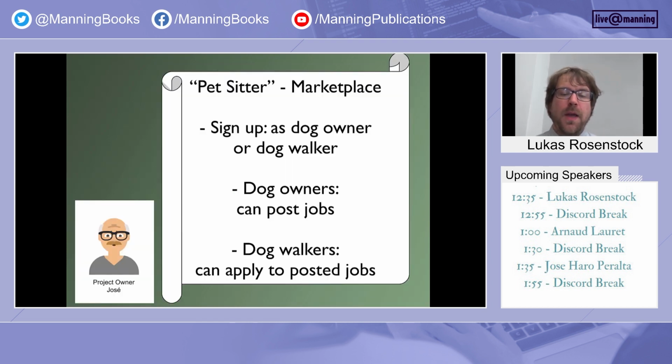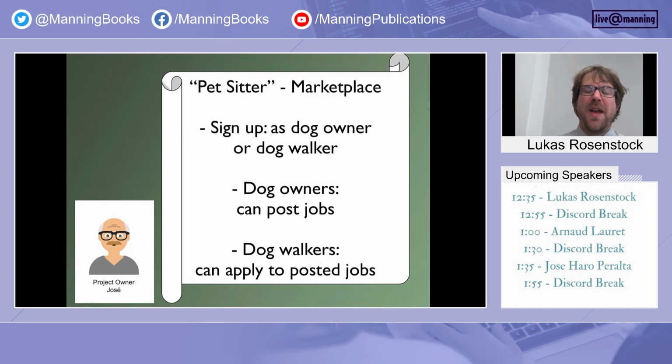So, let me introduce you to one of the protagonists of our book. It's Jose, and he's a dog owner and a big fan of dogs, but because he's busy with his business, he sometimes needs some help, and he needs to hire someone to take his dog for a walk. And to streamline that process, he has this idea of creating a marketplace called PetSitter.